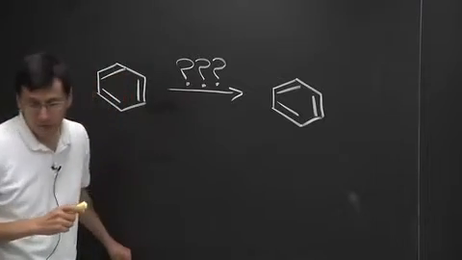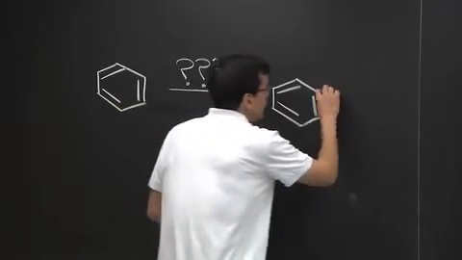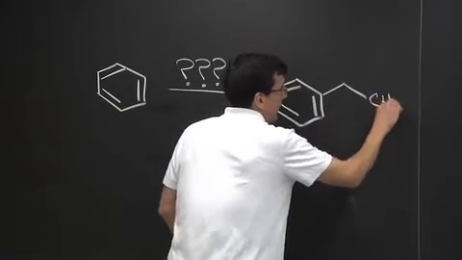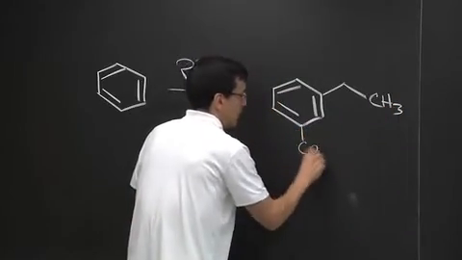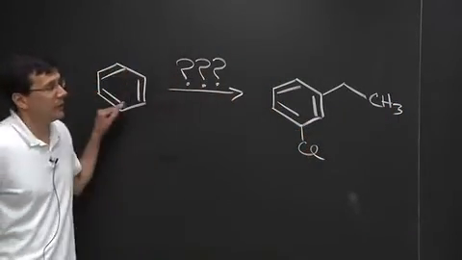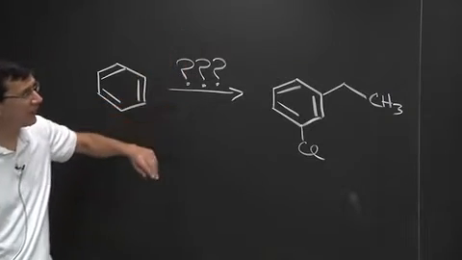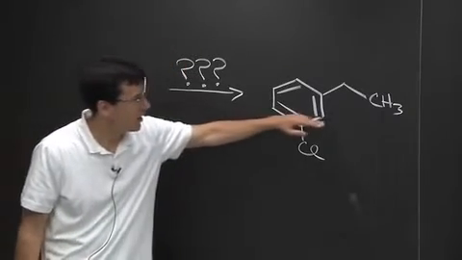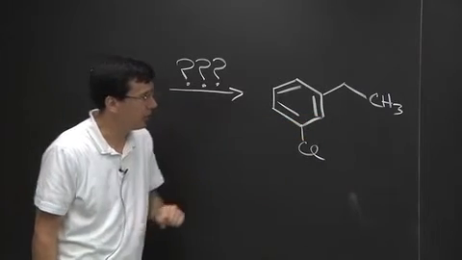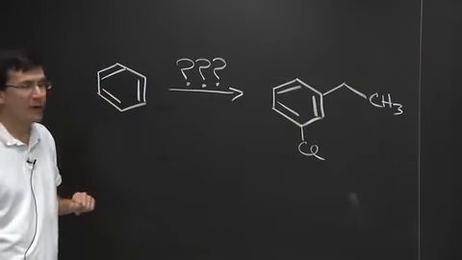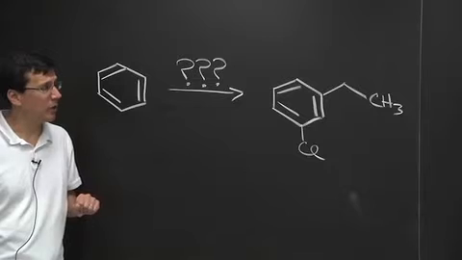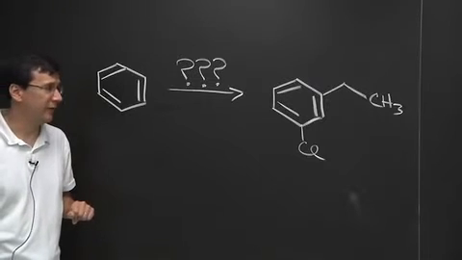We're going to try to convert benzene into this product. So here's the problem. Start with benzene. You can use any reagents that are necessary to get to this type of structure here. So think about that a little bit, and then we'll come back and do an analysis of this problem.